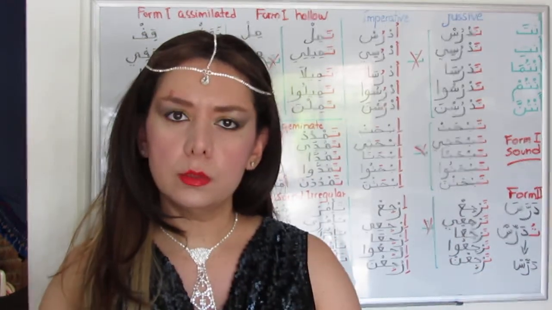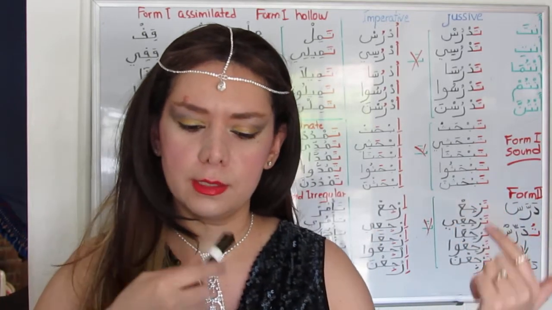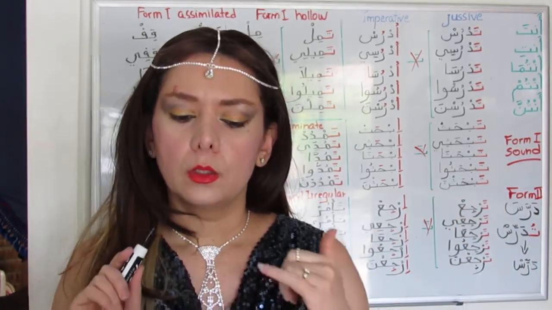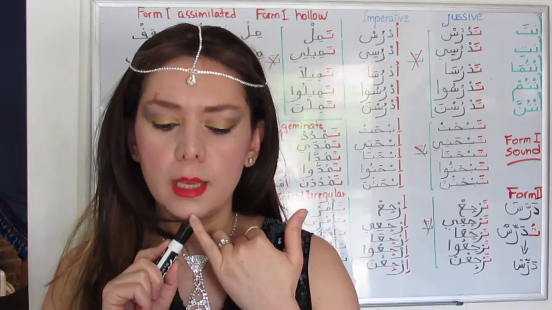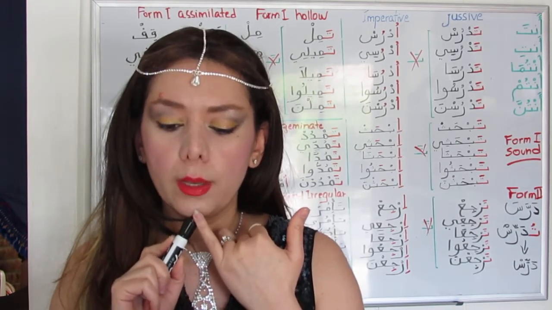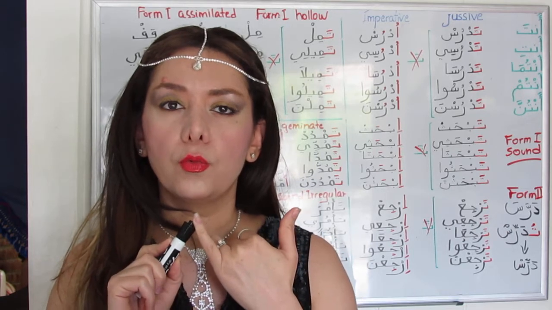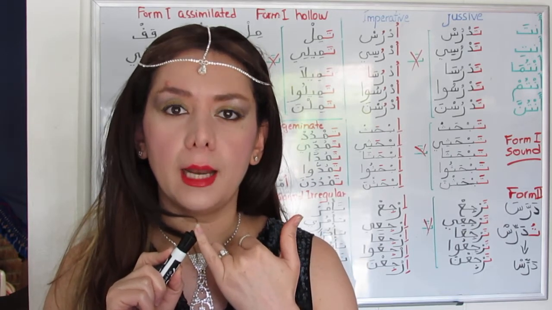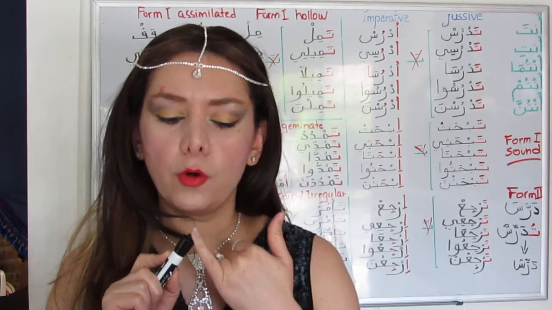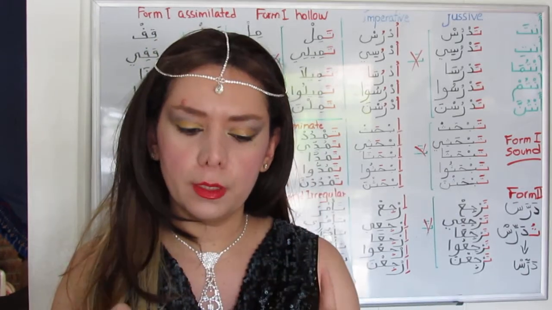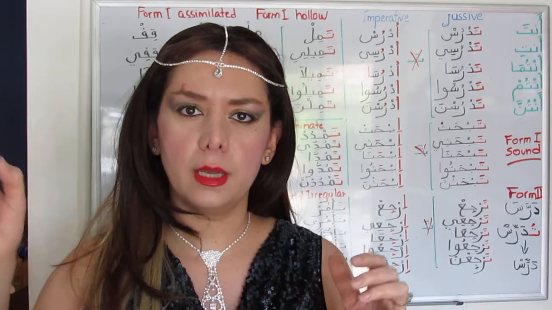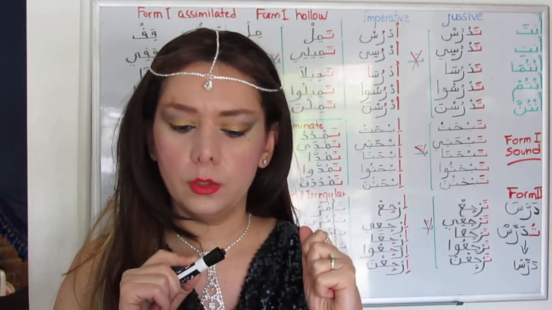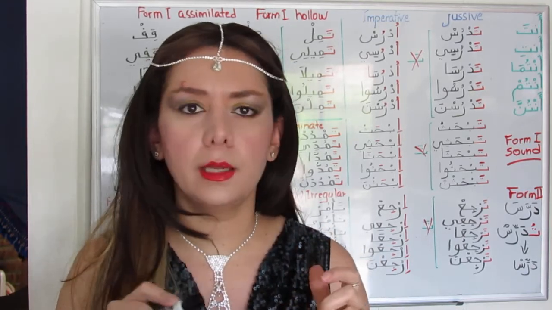So the rules above that I just listed apply to all 10 forms with the exception of form 4. In form 4, the prefix is always a, the alif, hamza, fatha. And the hamza is not elidable.